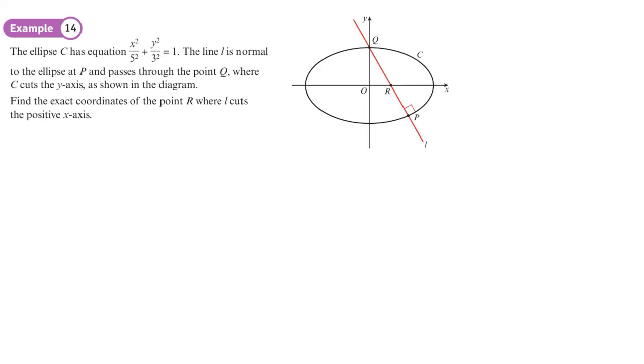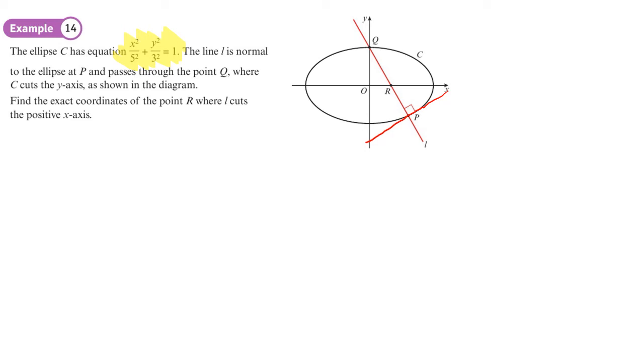Okay, this ellipse is given by this equation here. So we can easily find the values of a and b. The line L is a normal to the ellipse at P. Okay, so there's a tangent here like that, and that's a normal to it at that point P, and passes through the point Q where C cuts the y-axis.